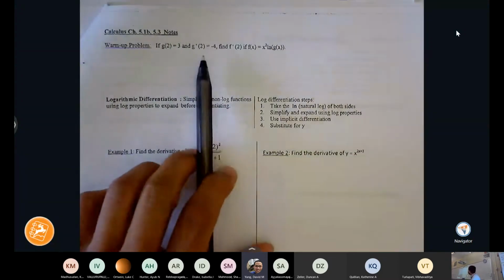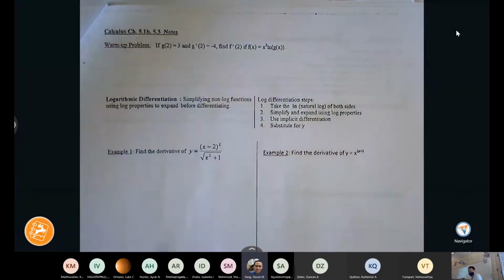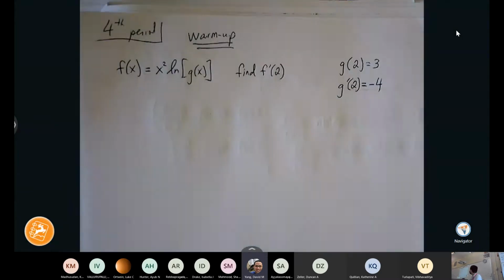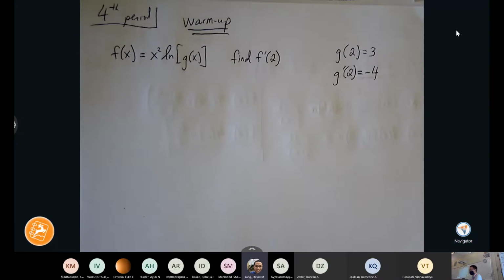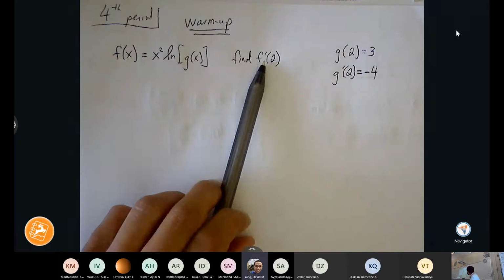So we'll start with this warm-up problem. I'll put this on a separate sheet just to give myself more space as well. So here's the problem. We're going to find the derivative and then plug in the x value.